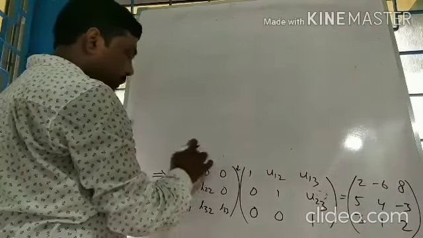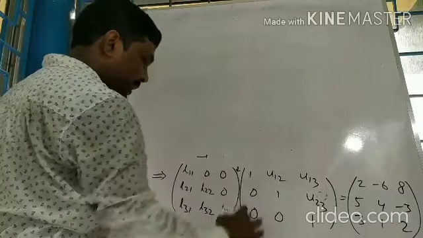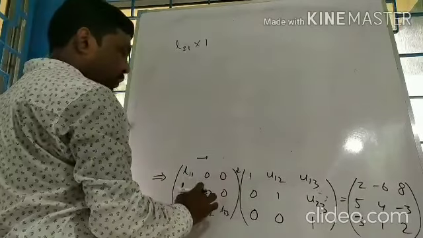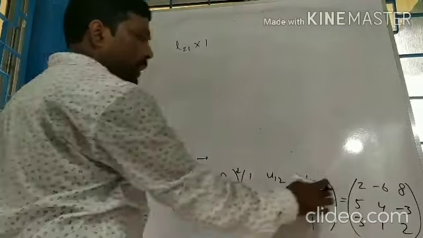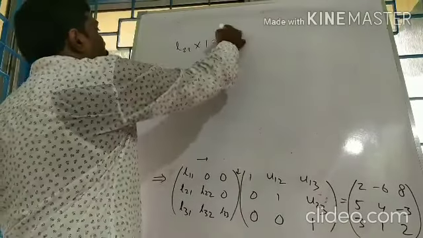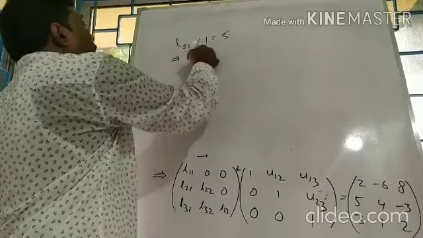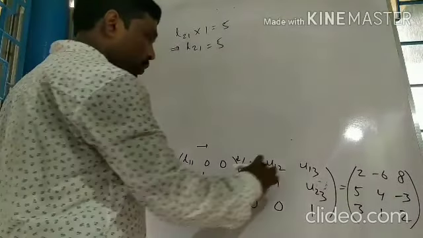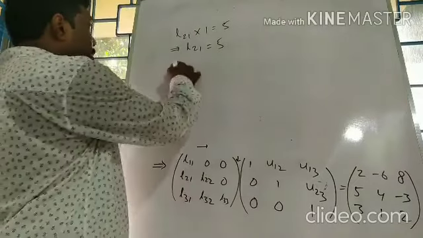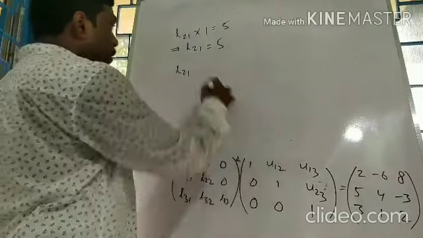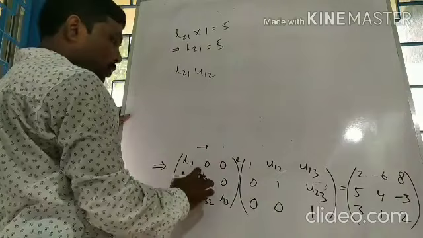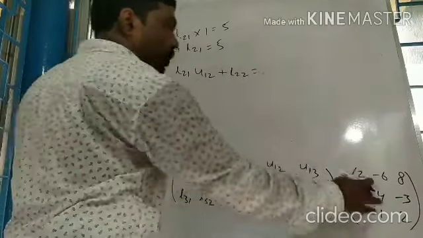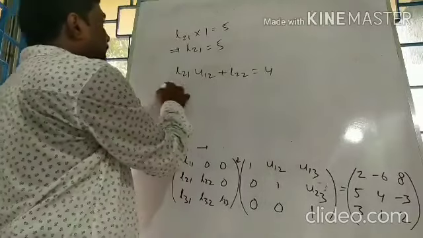Next, second row, first column. So L21 into 1 plus L22 into 0 plus 0 into 0 equals 5. So L21 is 5. Next, second row, second column: L21 into U12 plus L22 equals 4.